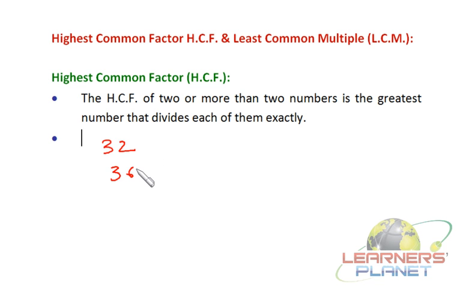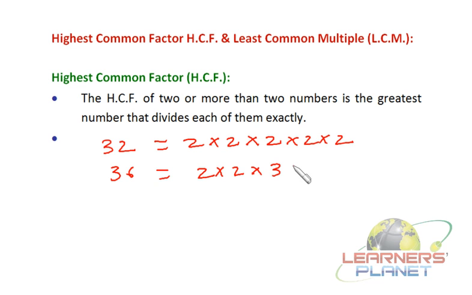Both 32 and 36 are composite numbers, so definitely they can be expressed as a product of prime numbers. So 32 is actually 2 into 2 into 2 into 2 into 2, and 36 is also a composite number which can be expressed as a product of prime numbers. So it's 2 into 2, that is 4, into 3, 12, into 3, 36.